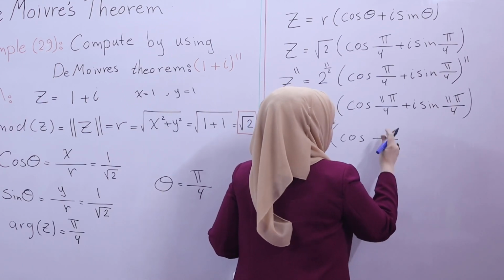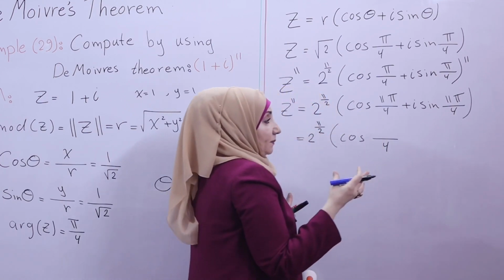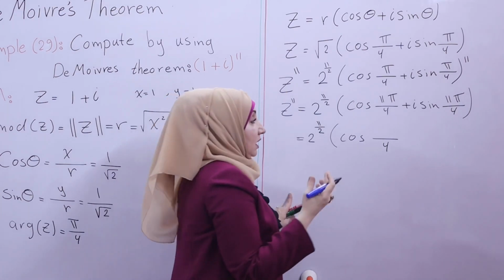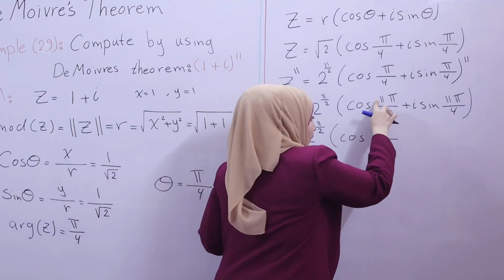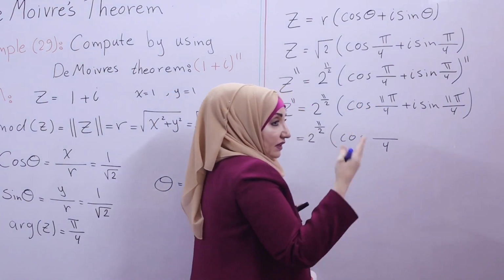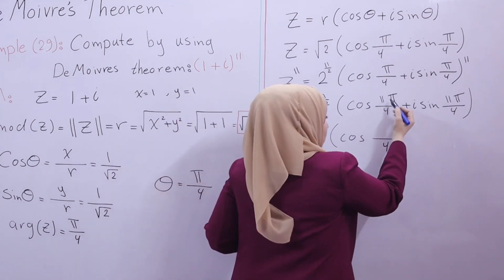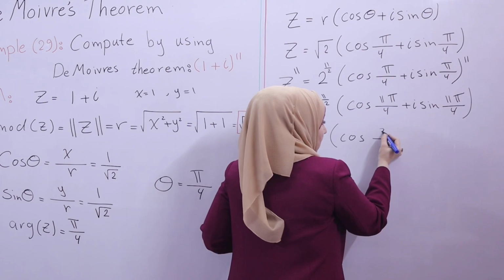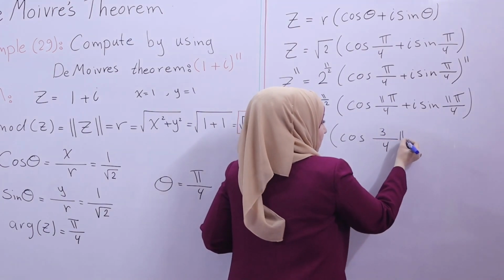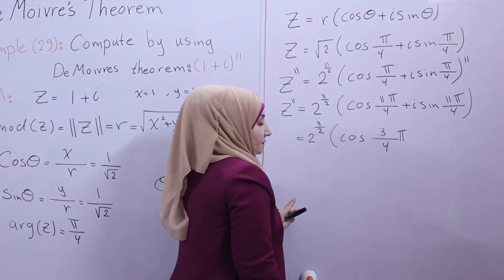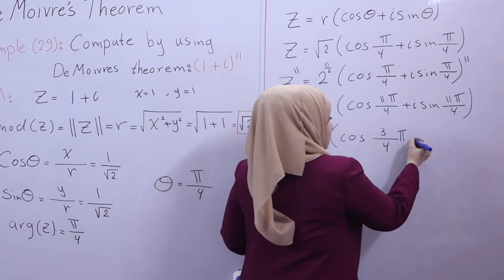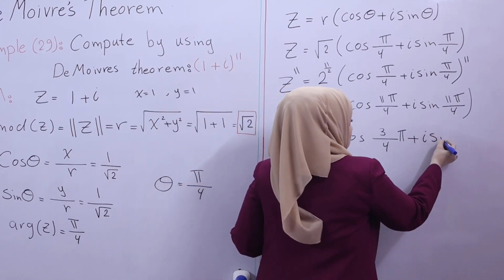طبعا هي راح تبقى بالمقام. 4 multiply 2 it will be 8. We will subtract it from the numerator. 4 في 2 8 راح نطرحها من البسط. 11 ناقص 8، 3 باي on 4 plus I sin.